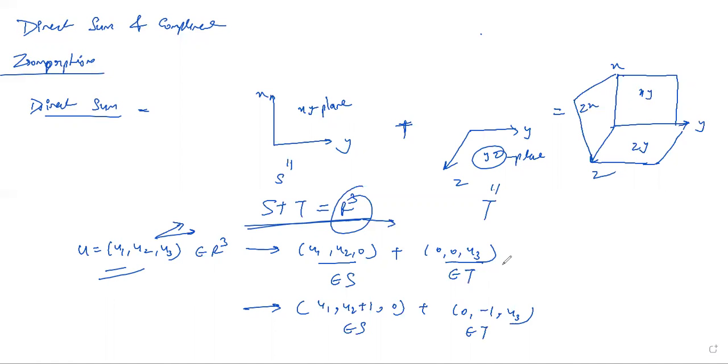So if I can write this vector u in a unique way, then we say that the sum of these two is the direct sum.